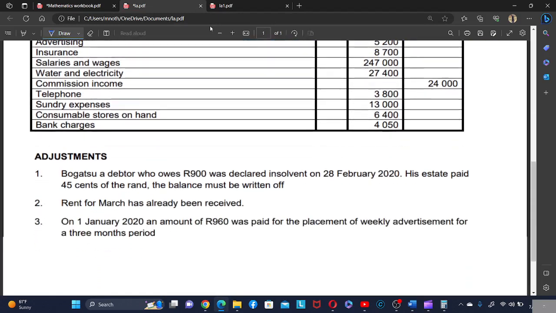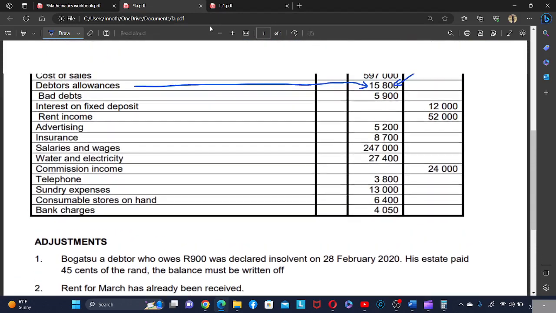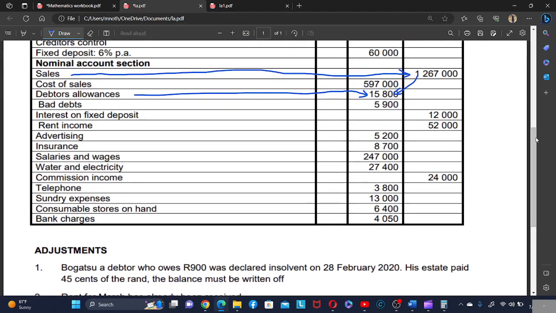Now, let's go to the adjustment. Adjustment number 1. Ohaju, a debtor who owes 900 Rand, was declared insolvent on 28 February 2020, so at the end of the year. So this debtor was declared insolvent, meaning that this debtor no longer has any money.